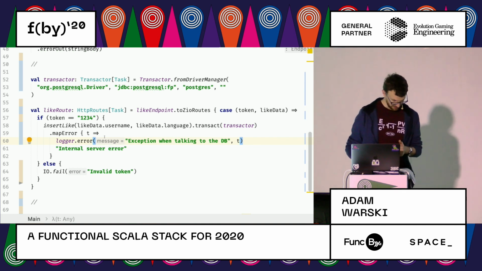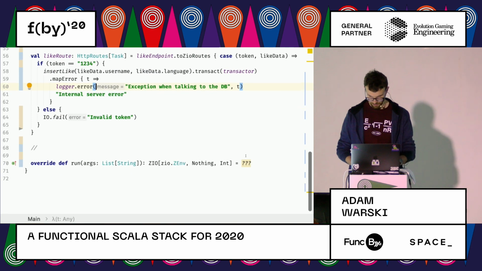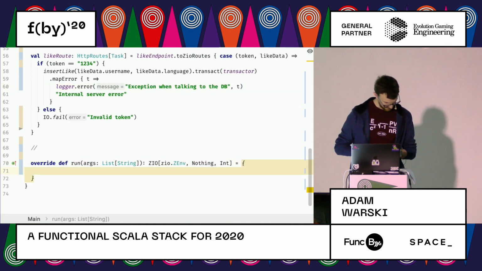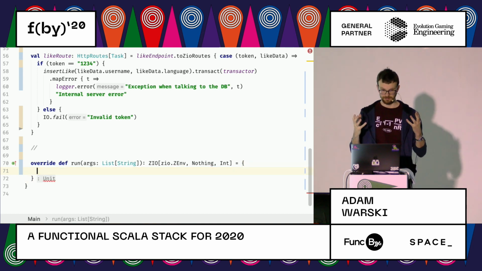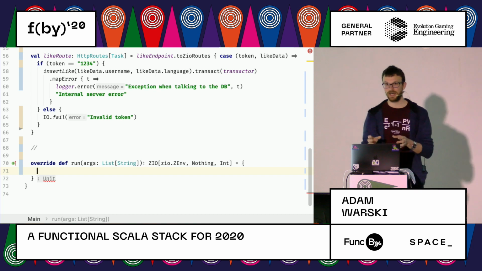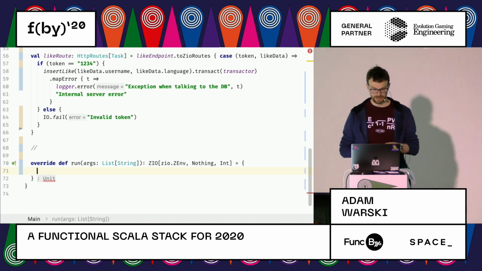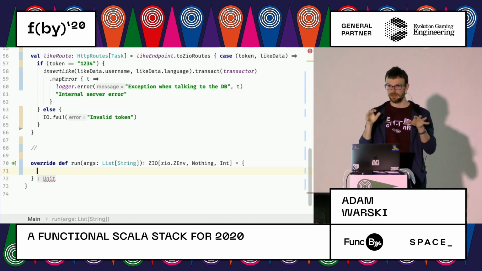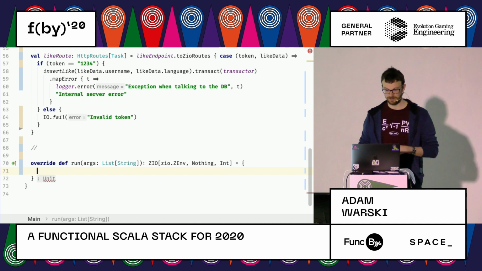The last thing that we need to do is start the server. So that will now be a main function. HTTP4S works with any kind of effects which integrate with Cats Effect, and ZIO has a compatibility layer between ZIO itself and Cats Effect.